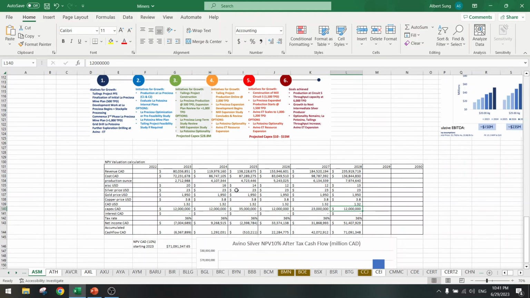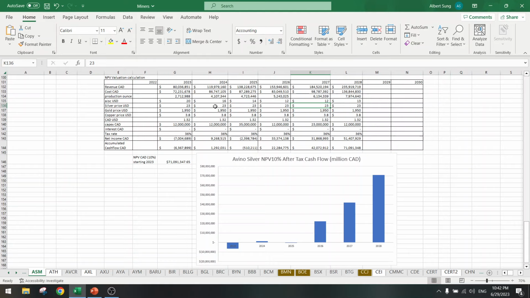So, yep. Take into account the capex, very important, interest payments, taxes, then the all-in costs, prices of the metals. You can even play with it if you want.